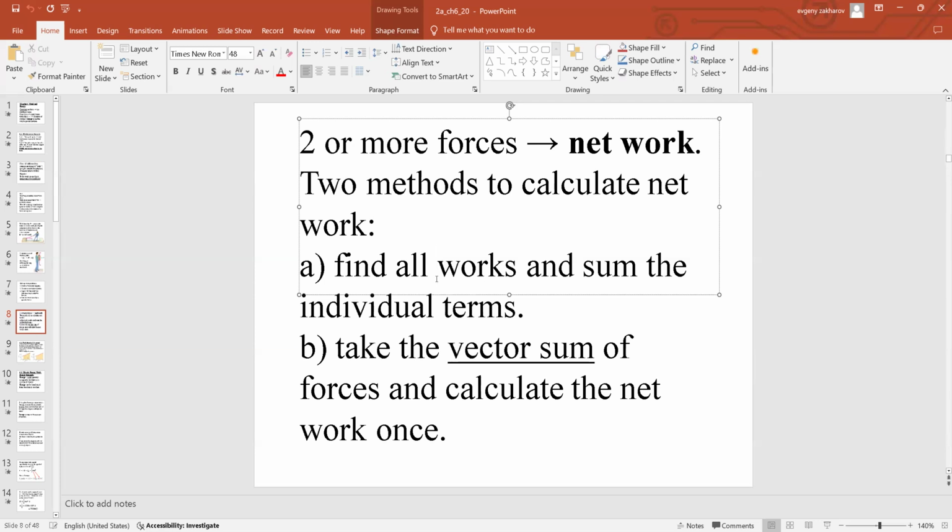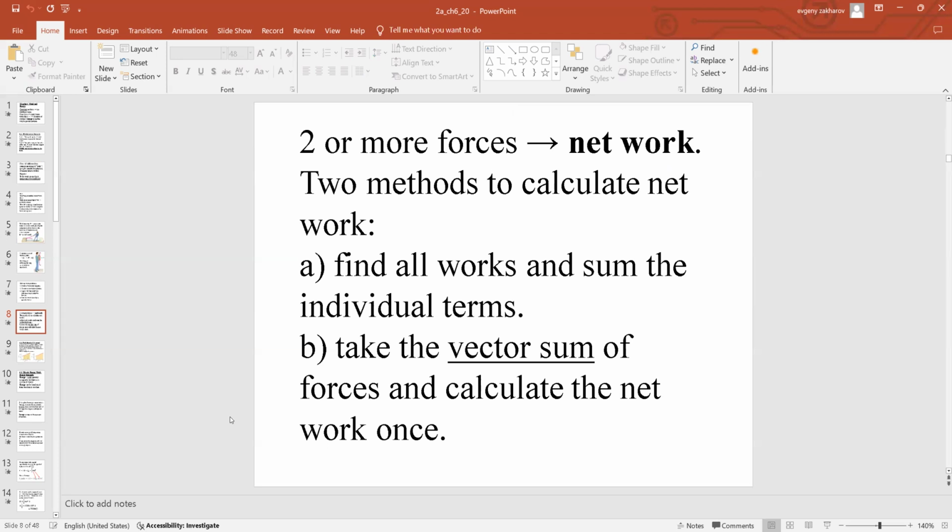It's really up to you if you want to find all works and sum the individual terms, or get the net right away and then work from there. It really depends on the problem. Some problems would ask you what is the work done by gravity? What is the work done by friction? What is the work done by tension?